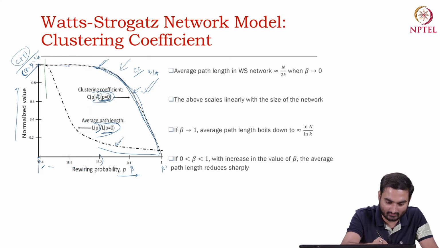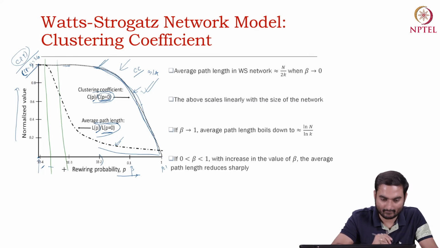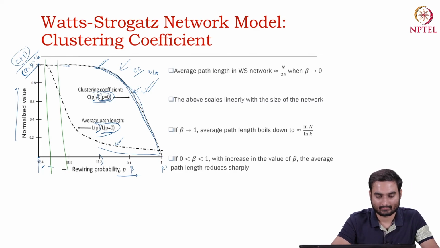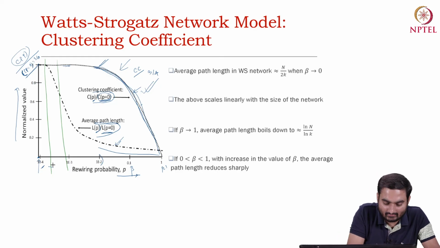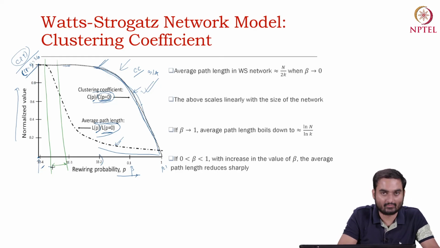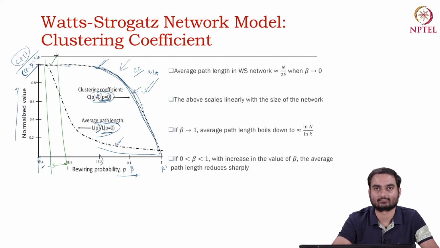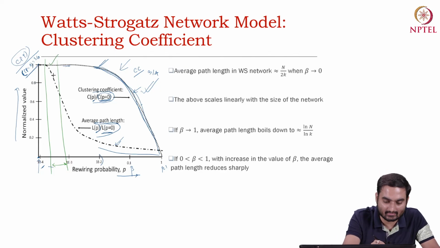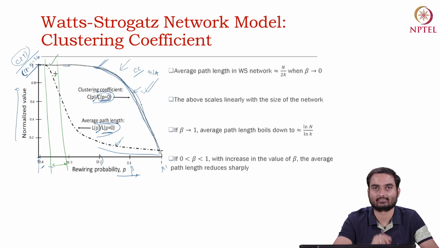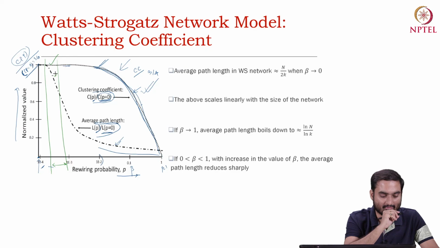Let's focus on this part, for example. What you will see in this particular region is that the clustering coefficient is quite high, and the average path length is also quite less.